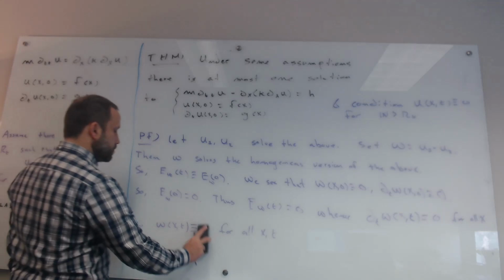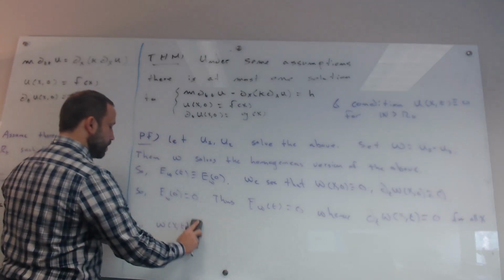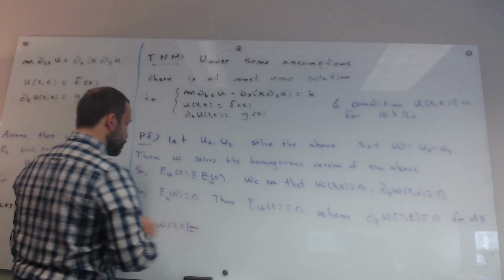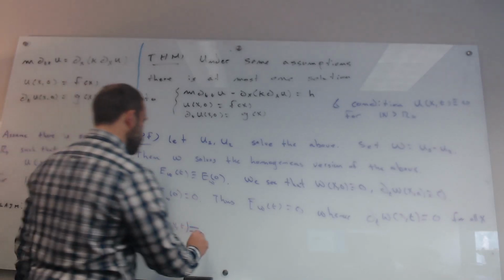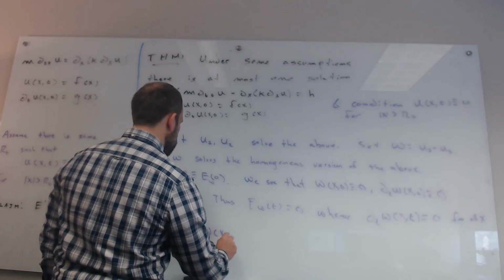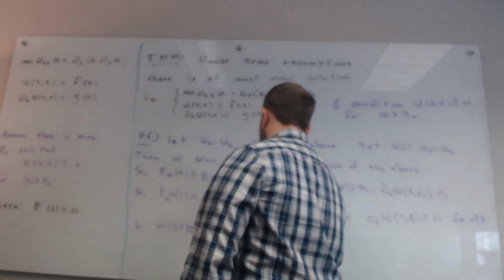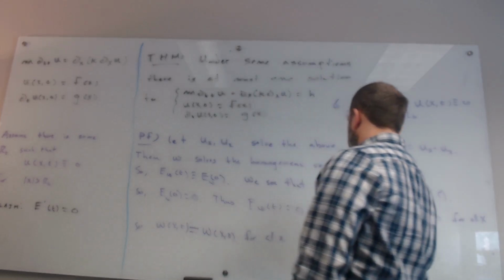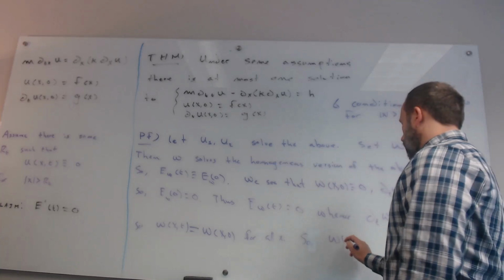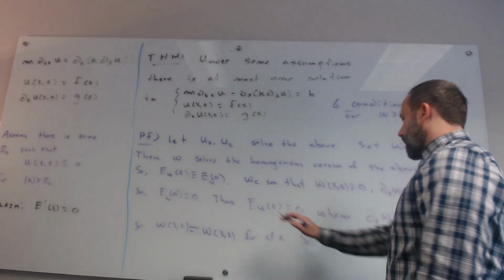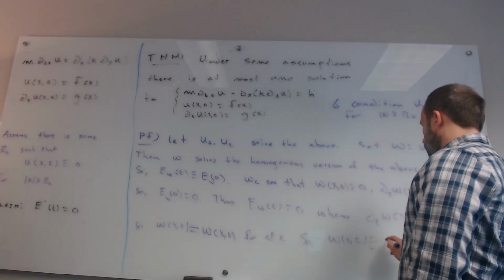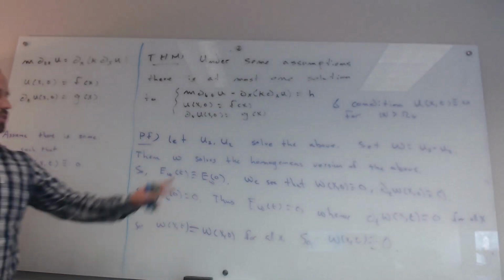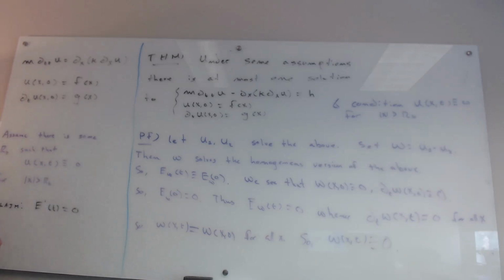Actually, I will say something a little more specific here, to show you one of the steps: w of x, t is equal to w of x, 0 for all x. Again, you're going to have to make the connection going from there to there. So w of x, t is identically equal to 0. And if w is equal to 0, it means u1 minus u2 is equal to 0, and u1 is equal to u2.